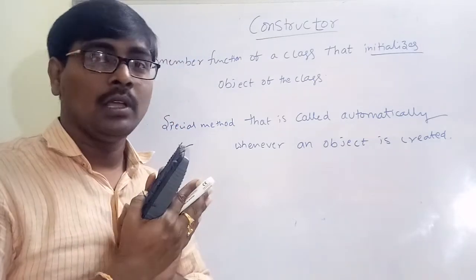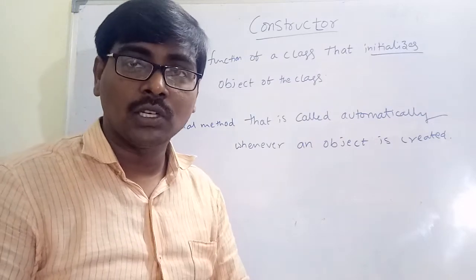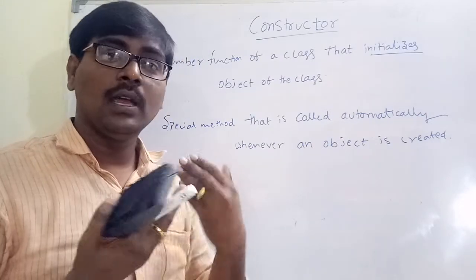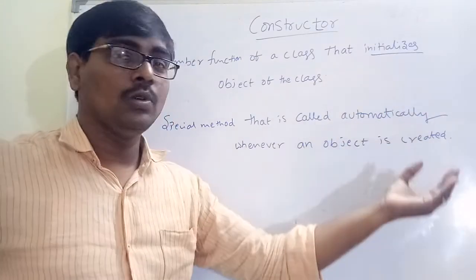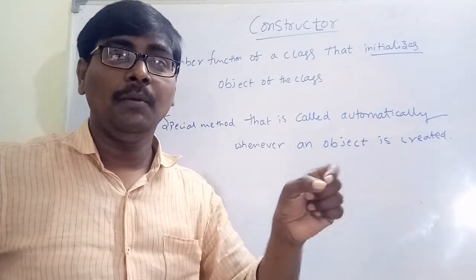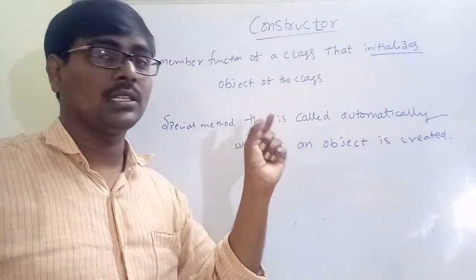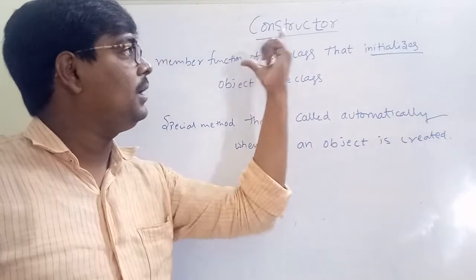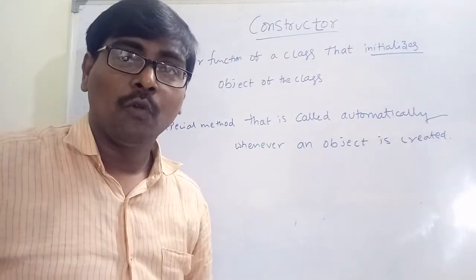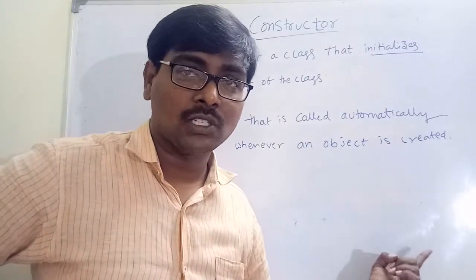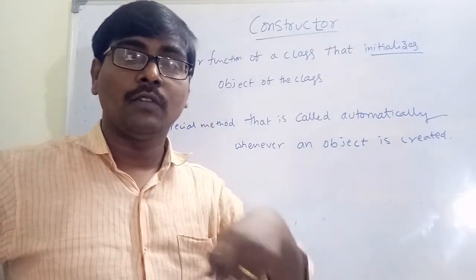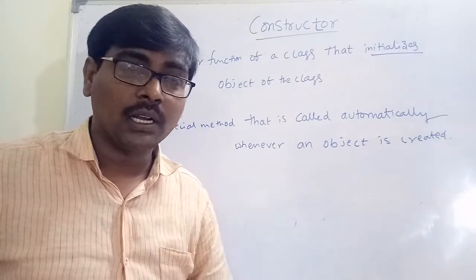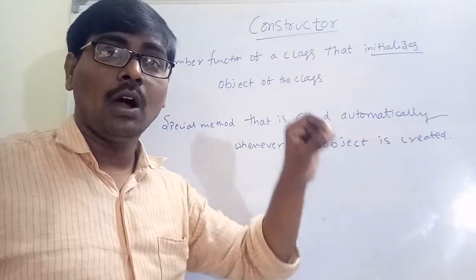For example, if a program contains a function display, how do we access it? First we have to create the object, and by using the object we can access it, say i.display. But coming to a constructor, whenever we are creating an object, the constructor is called automatically.